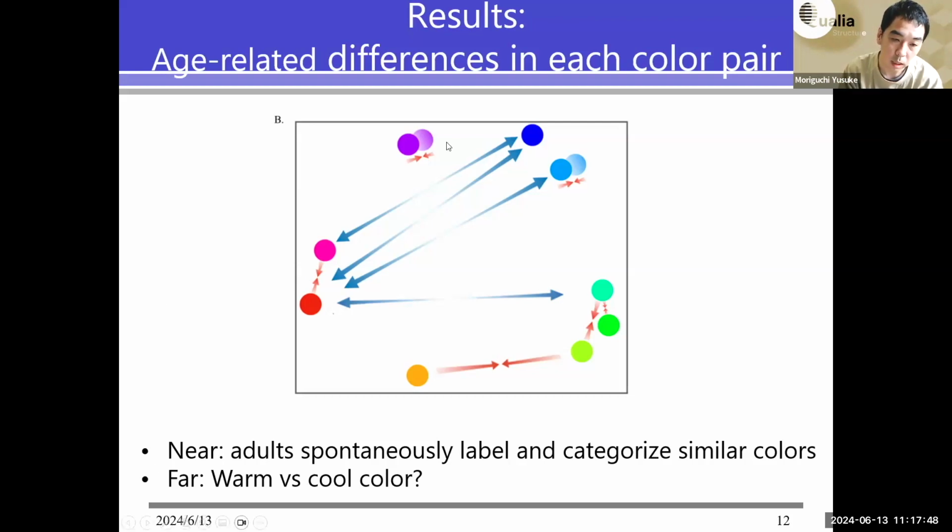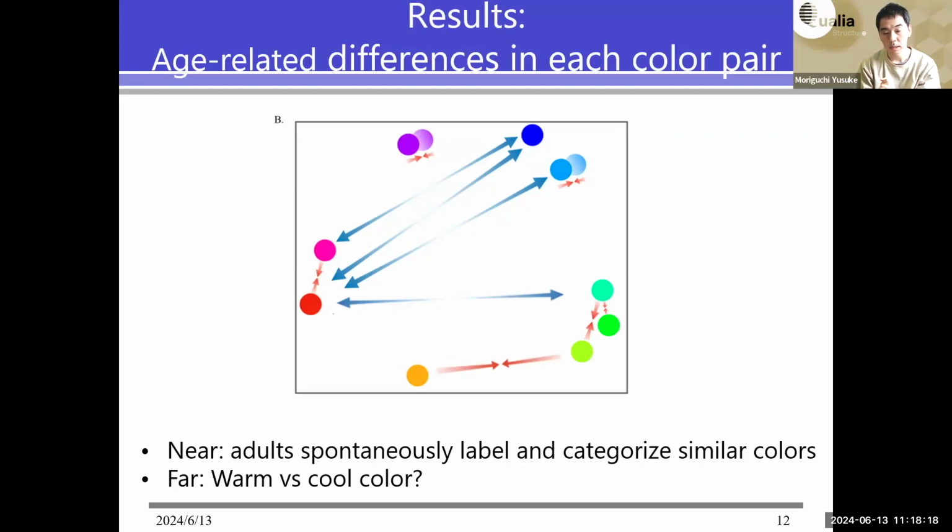On the other hand, for the far color pair, previous studies have shown that adults categorize color into warm and cool colors. Warm colors are red, yellow, and orange, and cool colors are blue, green, something like that. So adults have such a categorical distinction, and they clearly distinguish warm colors from cool colors.